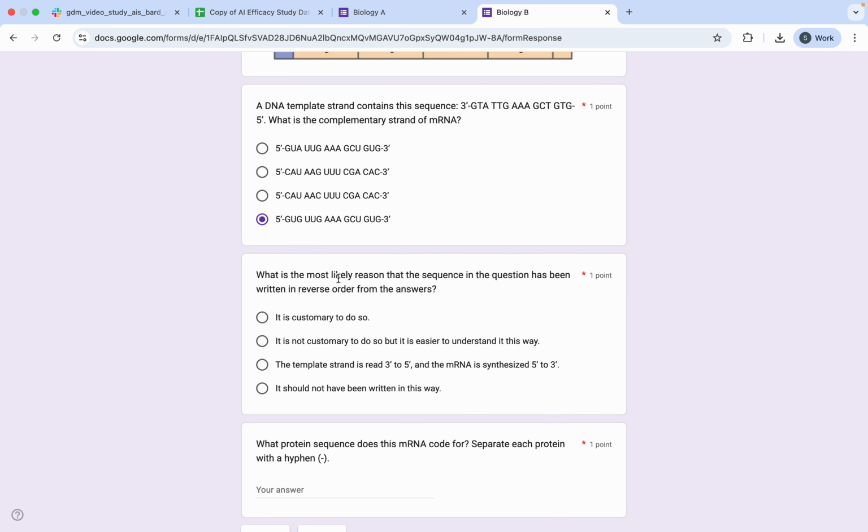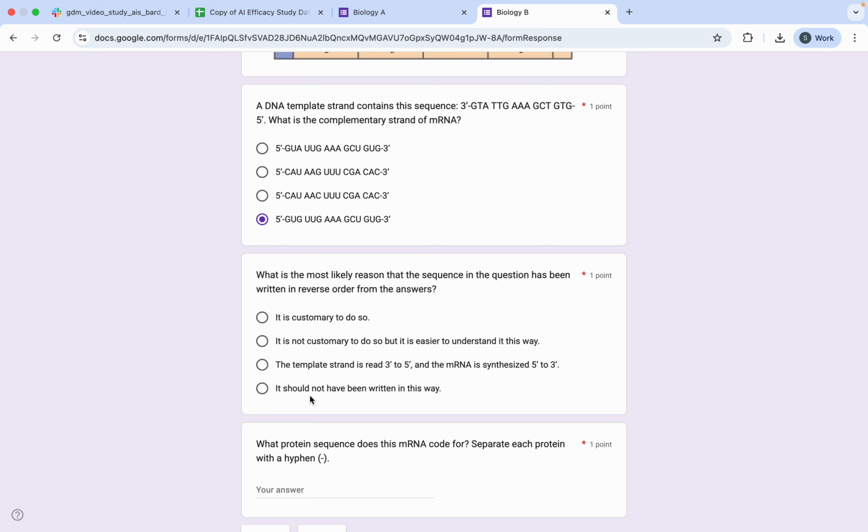What is the most likely reason that the sequence in the question has been written in reverse order from the answer? Here we can see the options. It is customary to do so. It is not customary to do so, but it is easier to understand it this way. The template strand is read 3' to 5' and mRNA synthesis is 5' to 3'.